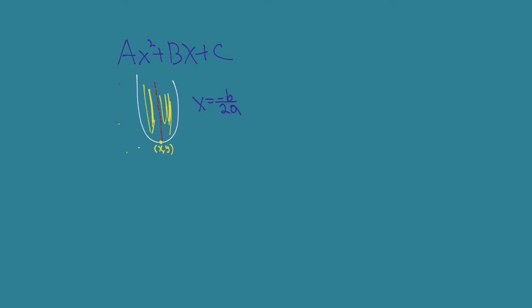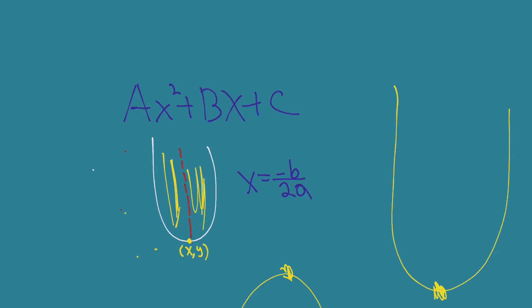And then remember, the graph going down is going to have a minimum here. The graph going up is always going to have a max. The general domain of a parabola is negative infinity to infinity.